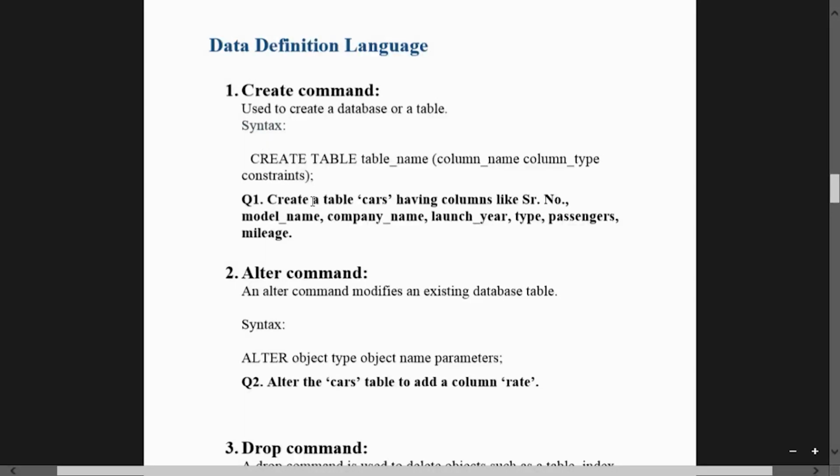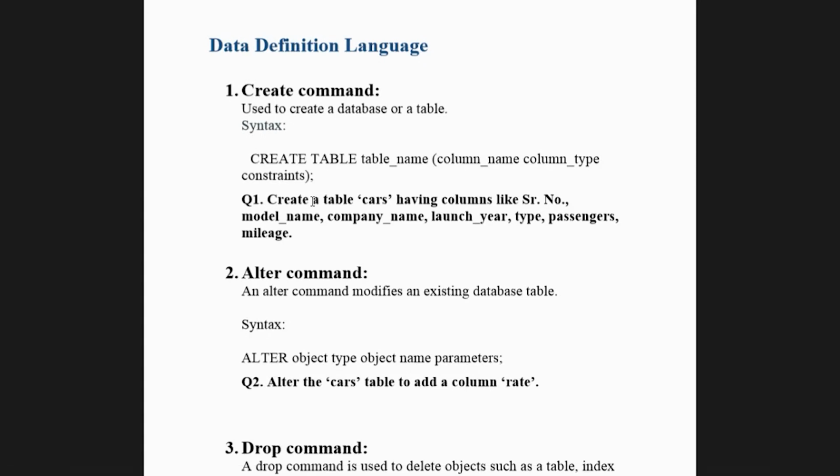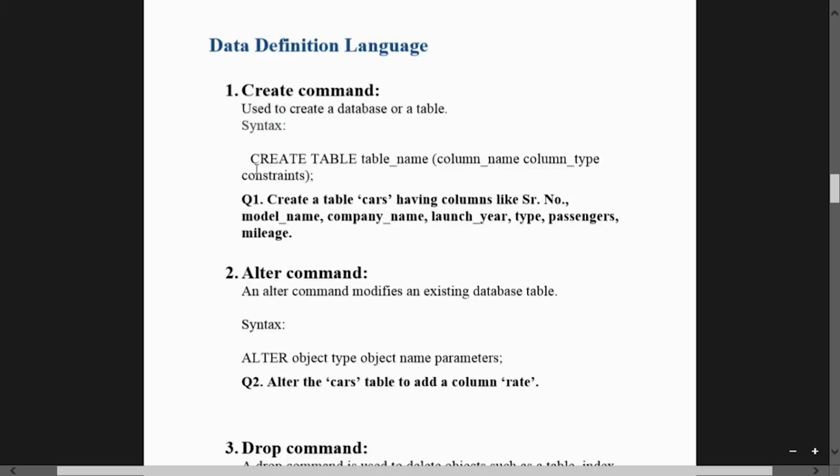Syntax, if you have done programming before, is nothing but a procedure or certain steps or a certain outline that has to be followed for performing a certain operation. So here is the syntax, which is create table, table name, whatever table name you want to give.